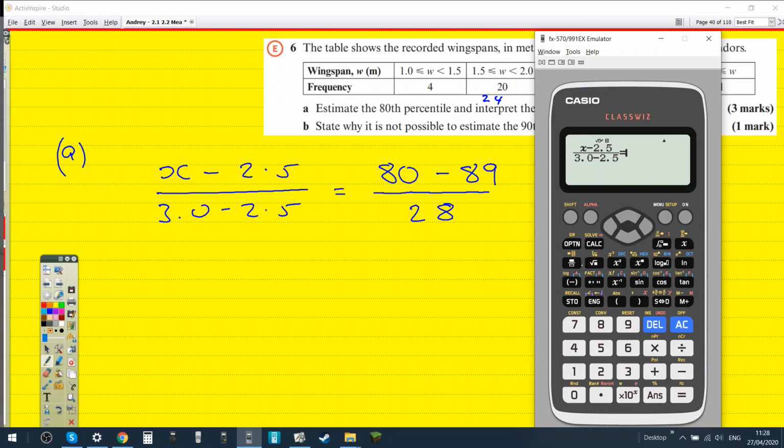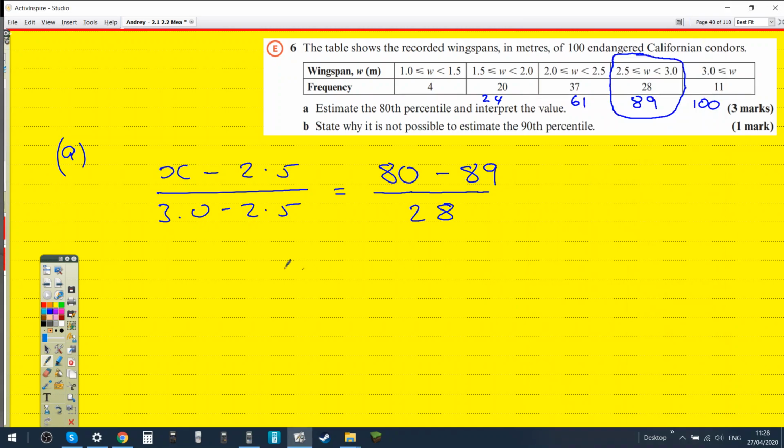I got 2.33 or 2.34. Sorry, something's not right then. We're saying it's the 80th thing. That means it has to start from 2. The lowest it can be is 2.5. It's in this group somewhere. So this group is from the 62nd bird to the 89th bird. So if it's bird 80, then it has to be in here somewhere.